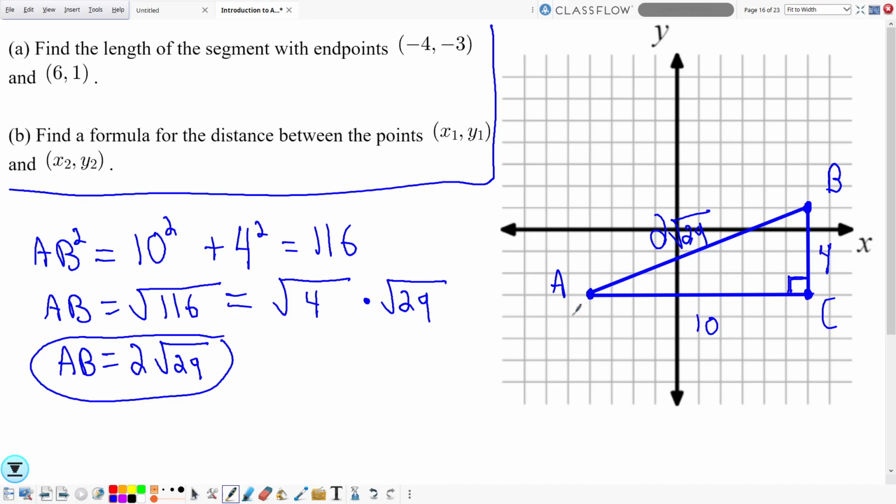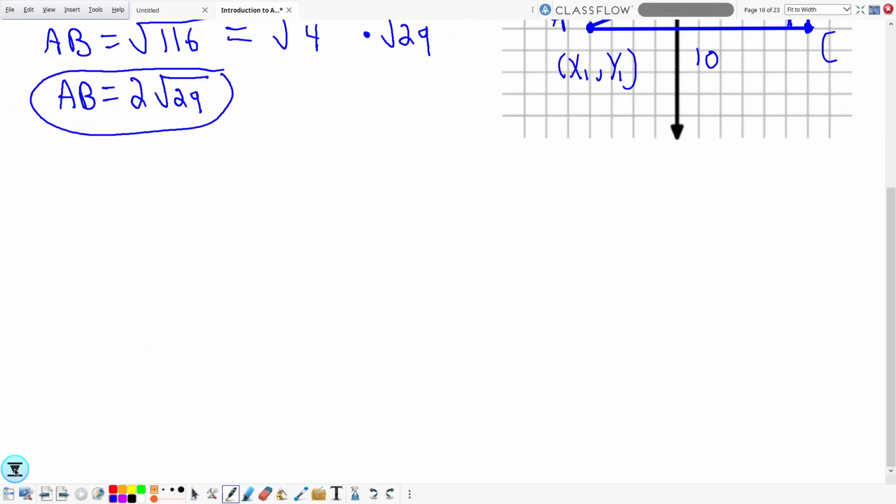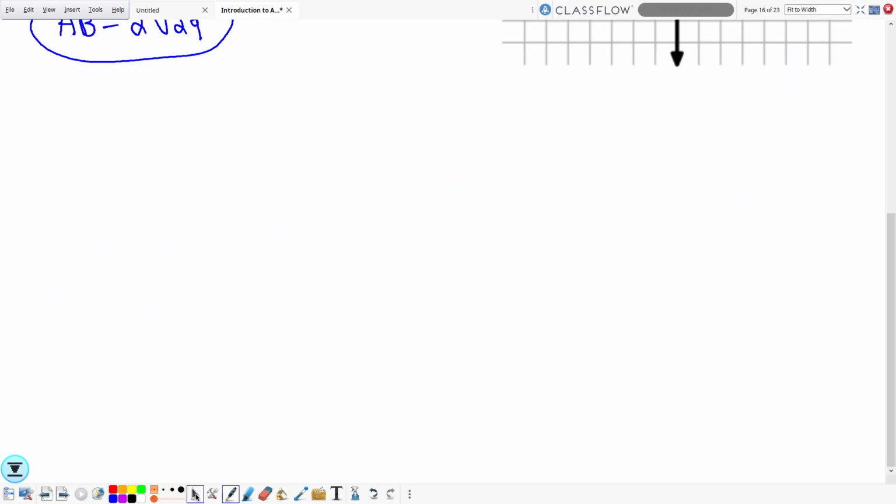Coordinate A is basically going to be my x1, y1. And we were given the other coordinate B, which I can say is my x2, y2. Okay, so let's really think about where we can take this. So I'm just going to go down a little bit.